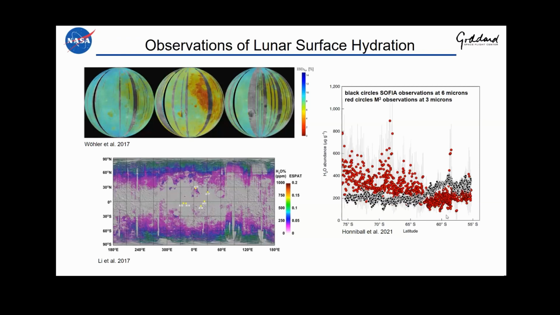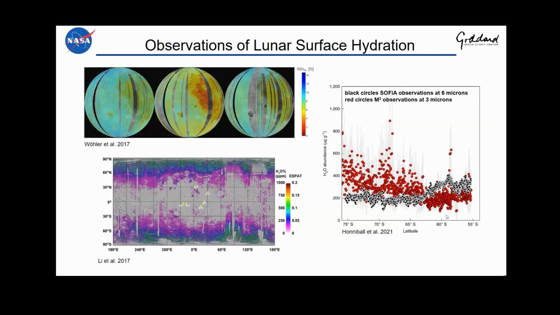It can't distinguish between water molecules and hydroxyl molecules, but the top figure shows a diurnal change in that signature over a lunation. The one on the left shows the morning, then noon, and then the evening, with darker colors representing more absorption and lighter colors showing less absorption.